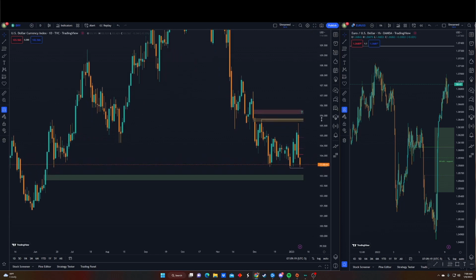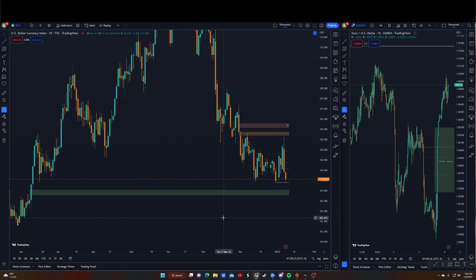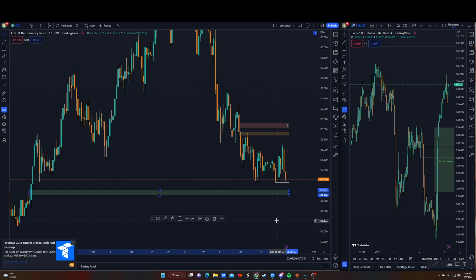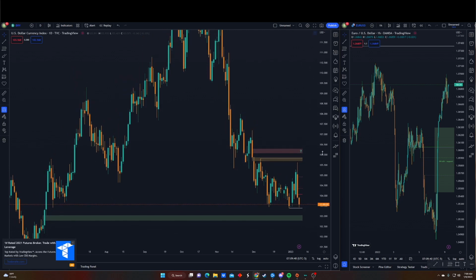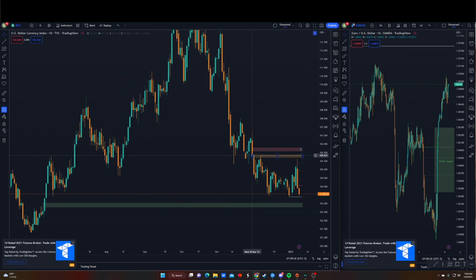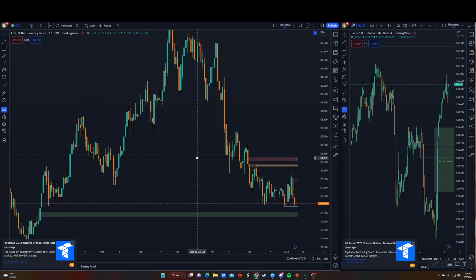I have an interest in this daily buy side imbalance, sell side inefficiency between 103.043 and 102.7. Yeah, those numbers. We do have a volume or a liquidity void up in there.